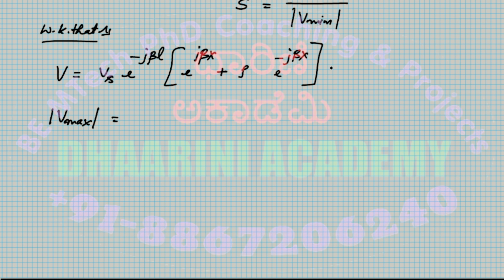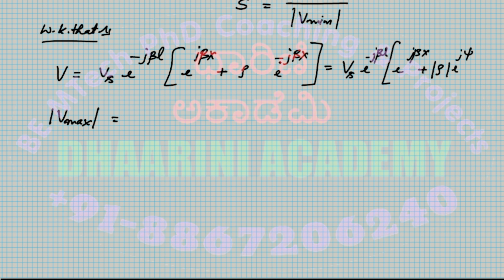So in other words, I'll make a small modification here itself, because this can also be written as V as e to the power minus j beta L into e to the power j beta x. You see, this is what we have not written so far. I'll write it as magnitude rho e to the power j psi. Are you okay?